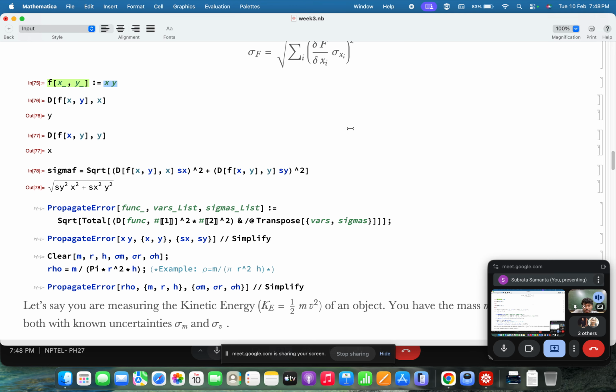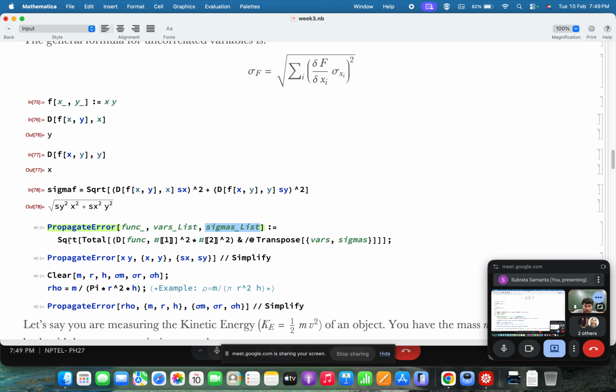Now, you can also define a more general function. So, I define this function propagateError, with arguments: the function, the variable list, which is VARS, and then the sigma list, the standard deviation list.